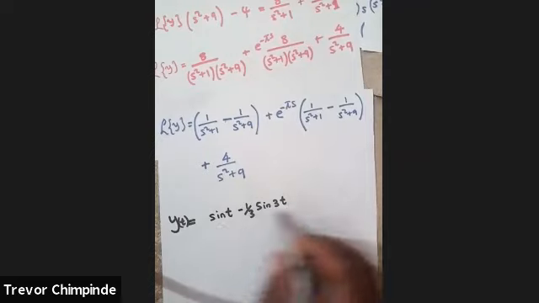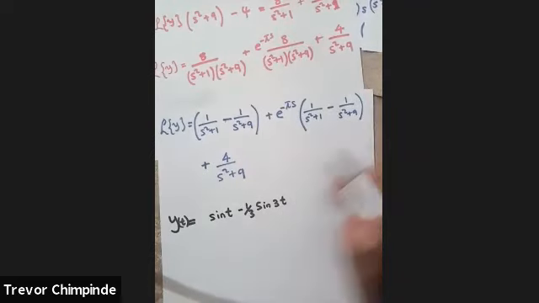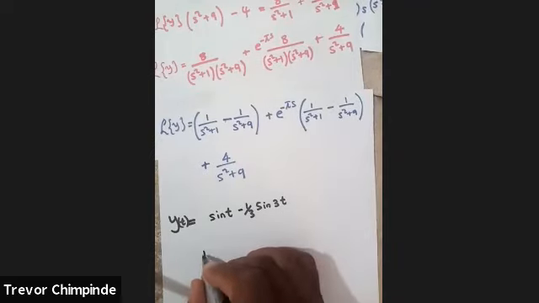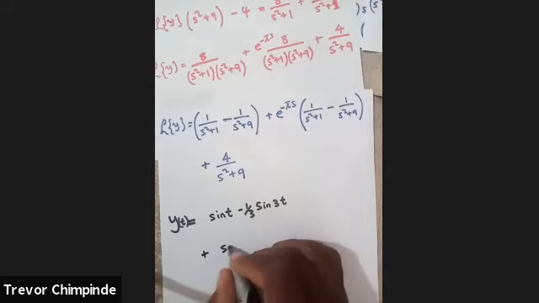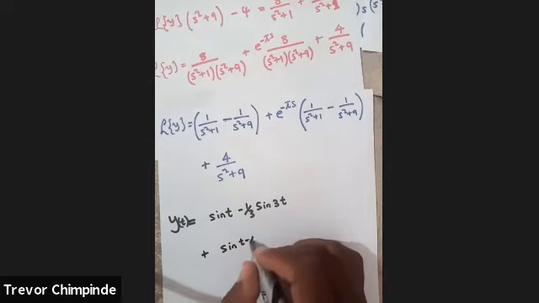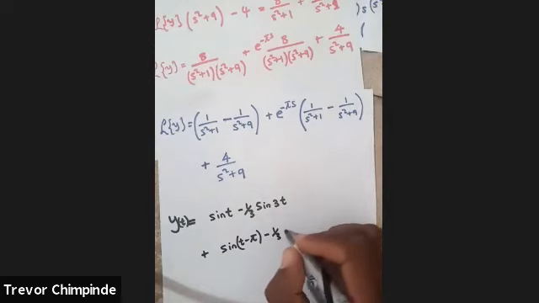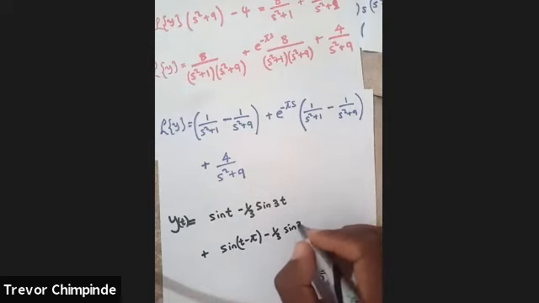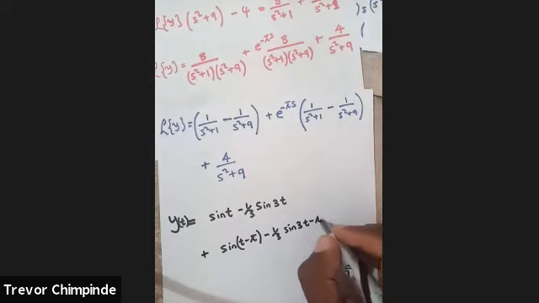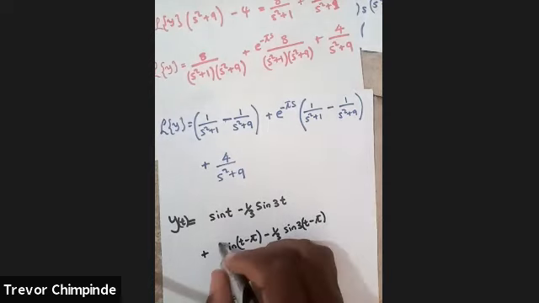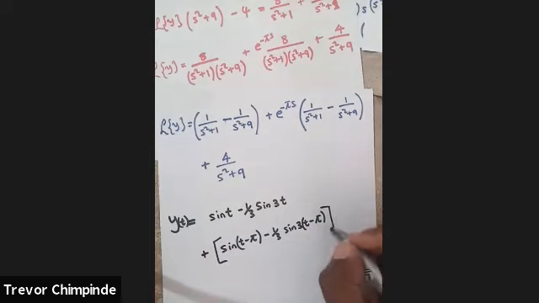So you shift this one by t minus pi and then just add the unit step. So it's just going to be plus sine t minus pi minus 1 over 3 sine 3 t minus pi in brackets multiplied by the unit step, which is u t minus pi.